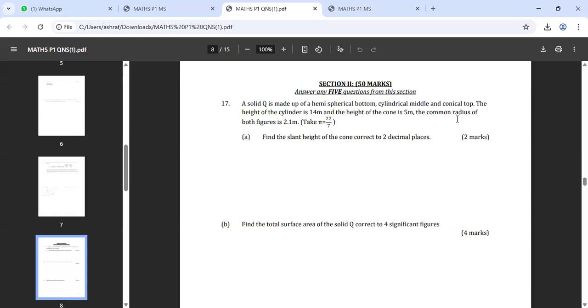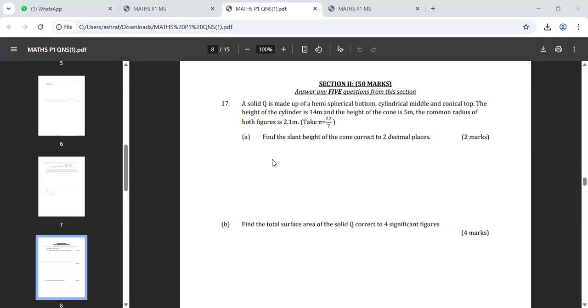Let's try it out. How do we find the slant height of the cone?